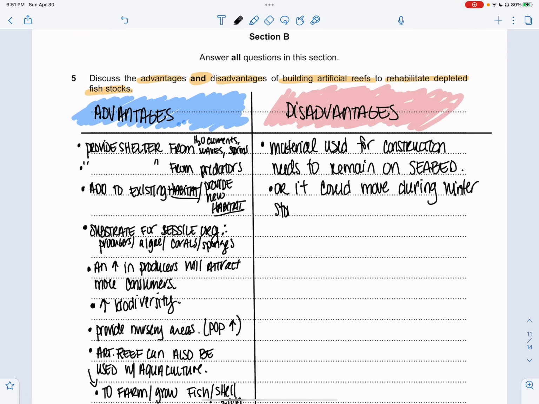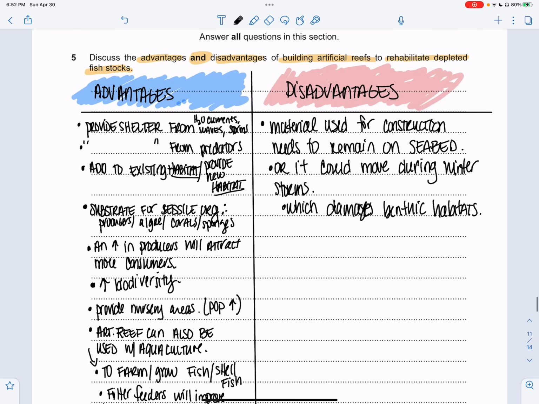Winter is a time of very stormy seasons in the ocean. In that movement, so we'll say which damages benthic or bottom habitats or organisms, or damages natural reefs.